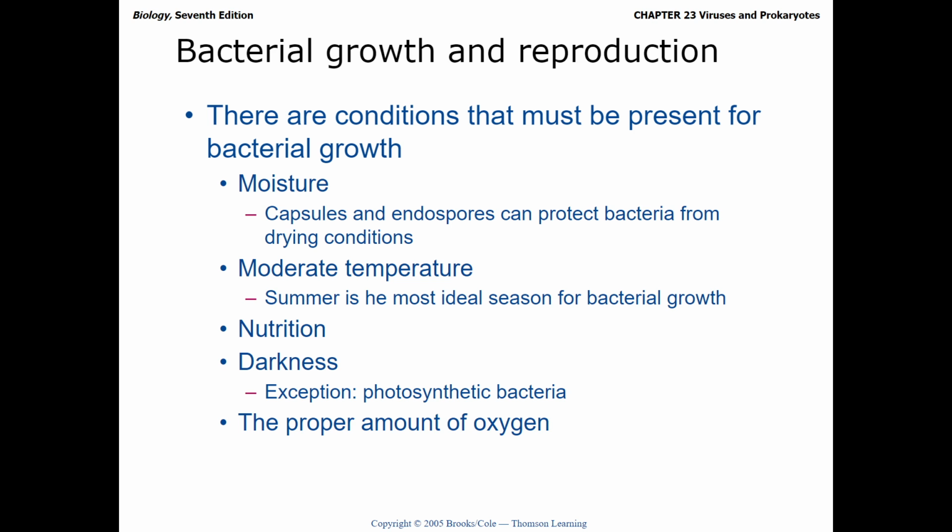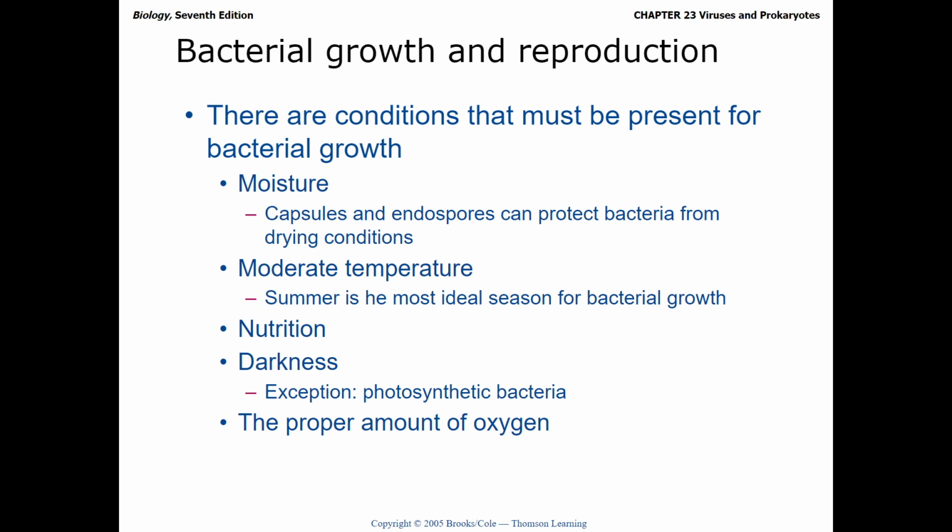Moisture is required for bacterial growth and reproduction. Whether it's through capsules or the use of endospores, we can see bacteria utilizing its environment only when it has the right amount of moisture. In very desiccated, dry environments, it will protect itself.